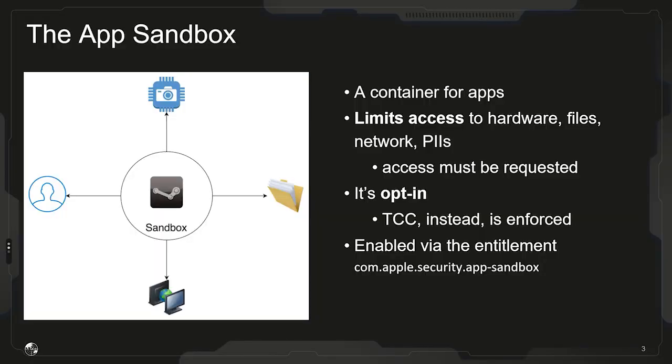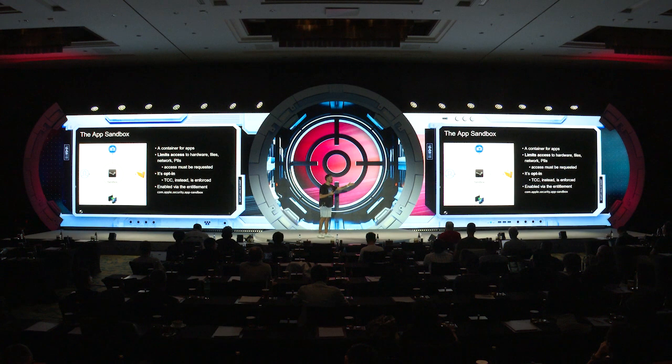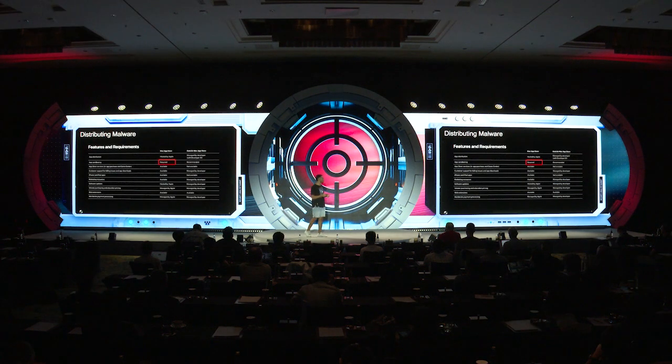In macOS, the sandbox is opt-in, it's not mandatory. Application developers can enable the sandbox as a protection on their applications with a specific entitlement. And then they have to specify entitlements for the specific access that they want, like an entitlement for access to the camera, access to networking, and so on and so forth.